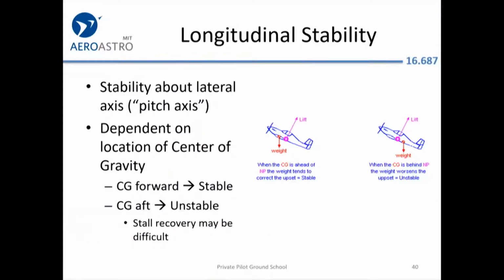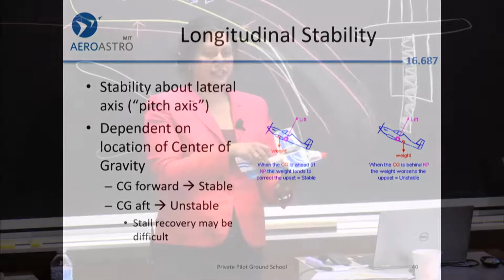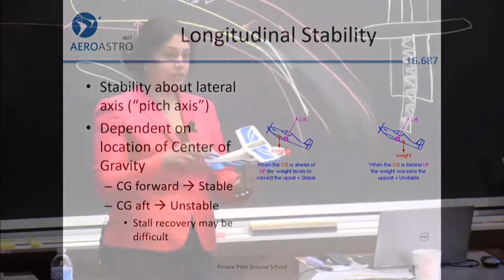Okay, so there are also other aspects that can affect stability, such as your center of gravity, so how you load the airplane. We'll have a specific lecture that just talks about weight and balance, but one thing to keep in mind is that as people sit in your airplane or as you put bags in the baggage compartment, you're loading the airplane.